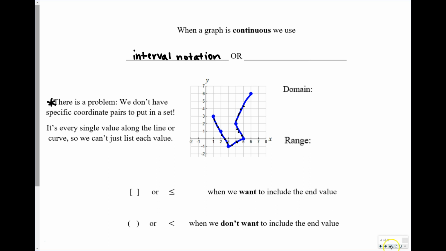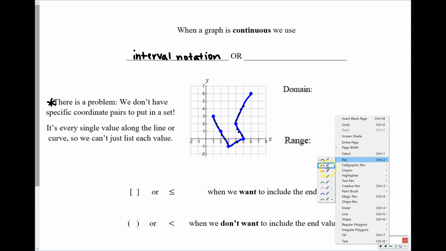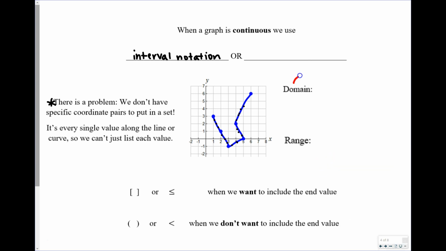So domain, when I think of domain as being the left to right, which makes sense because remember, domain is your x values. And do you see how the x-axis is from left to right? So when I think of domain, I always want to think of my farthest left point.